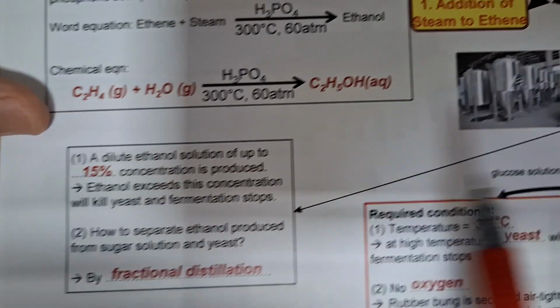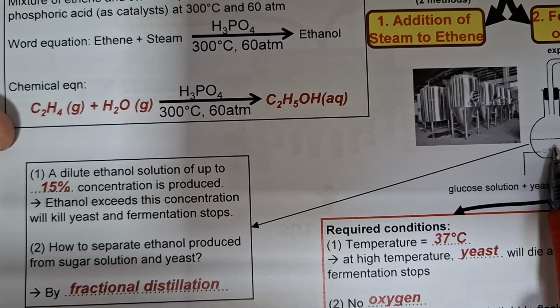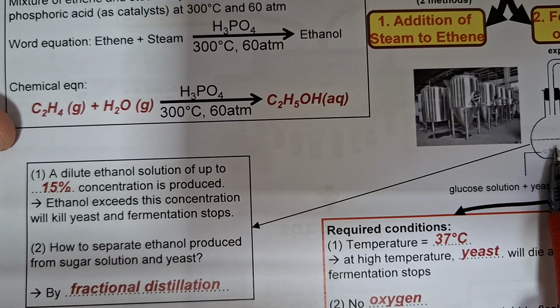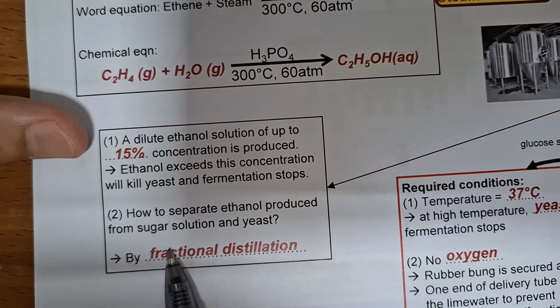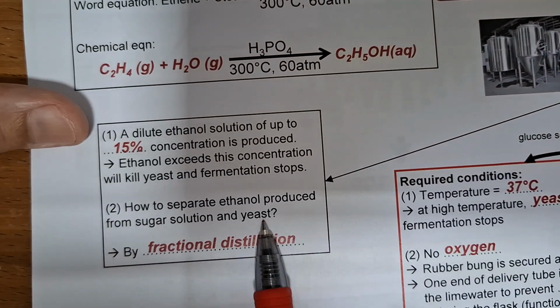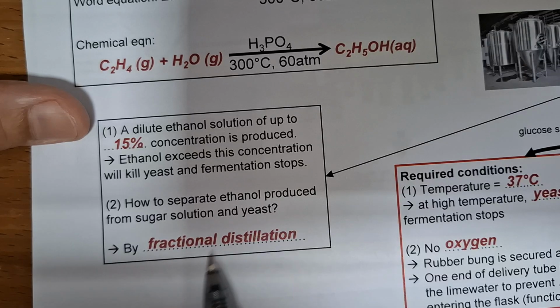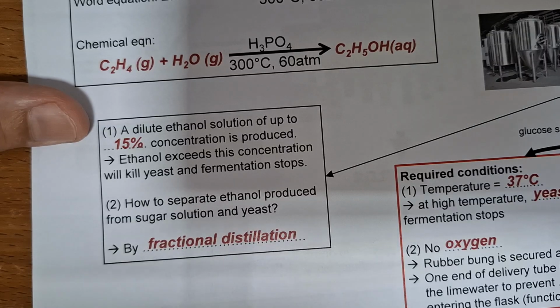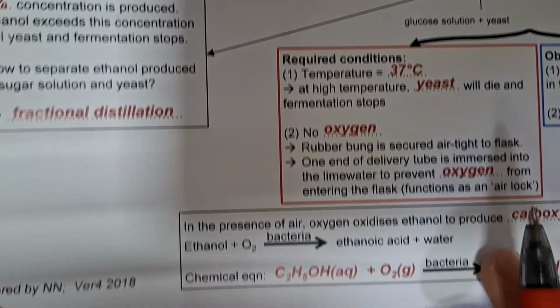So before the concentration of ethanol reaches 15%, it needs to be separated from the sugar solution and yeast. The ethanol needs to be separated through fractional distillation. Otherwise, the yeast will be killed and the fermentation will stop altogether.